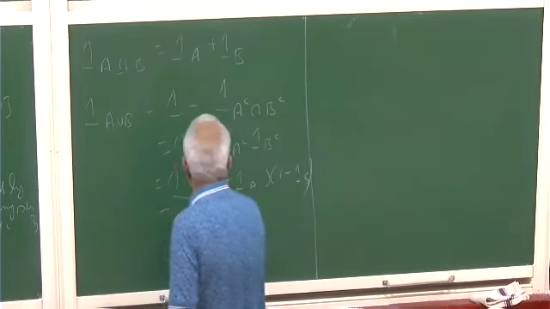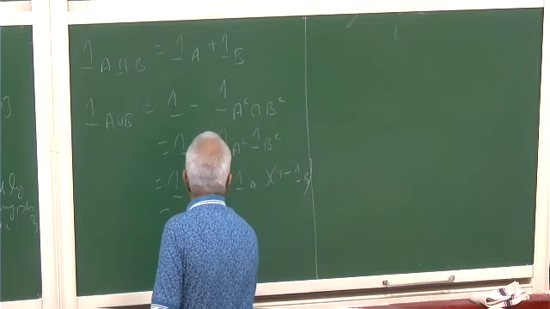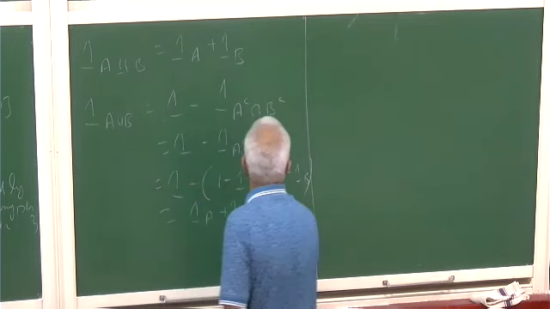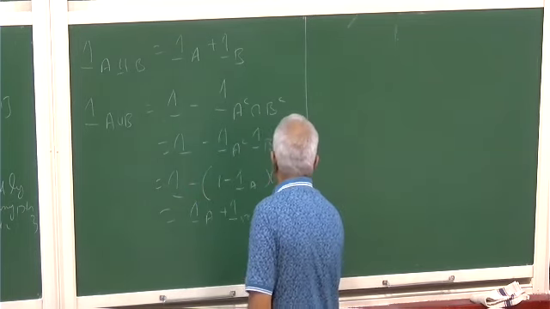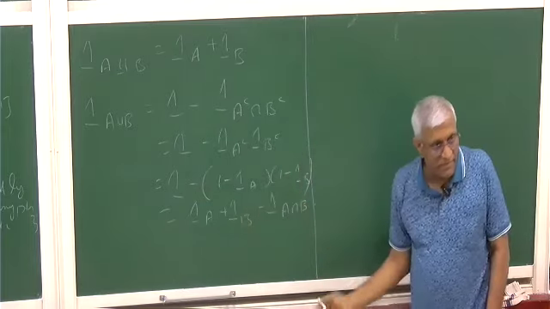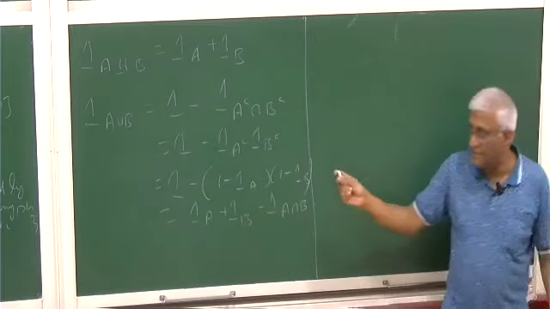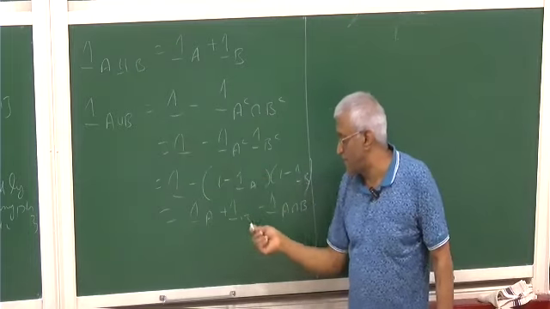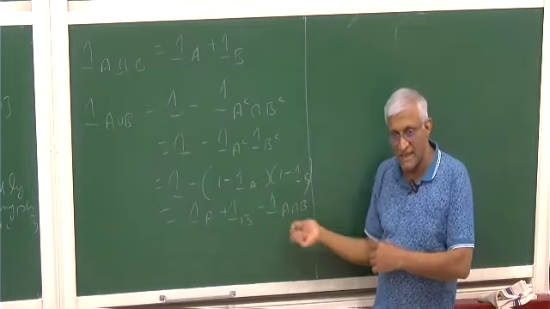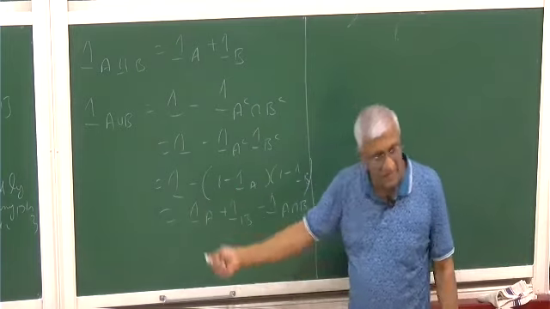And the 1 will go away, and it is just 1A plus 1B minus 1A times 1B, which is 1A intersection B, which is precisely what we proved, no? The probability of A union B is probability of A plus probability of B minus probability of A intersection B. So it is similar to that.